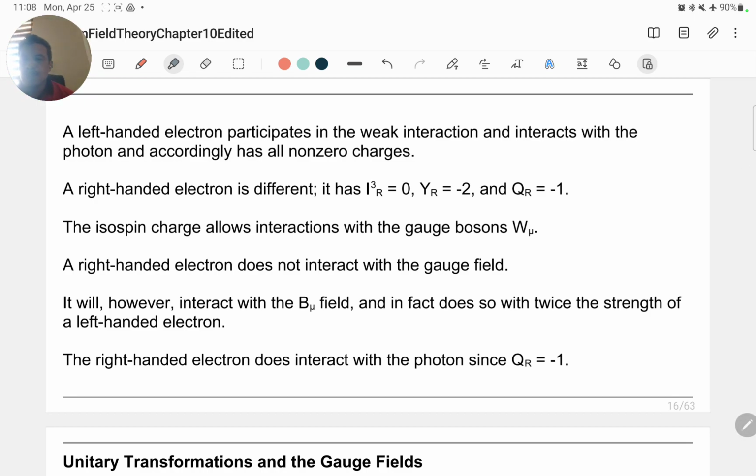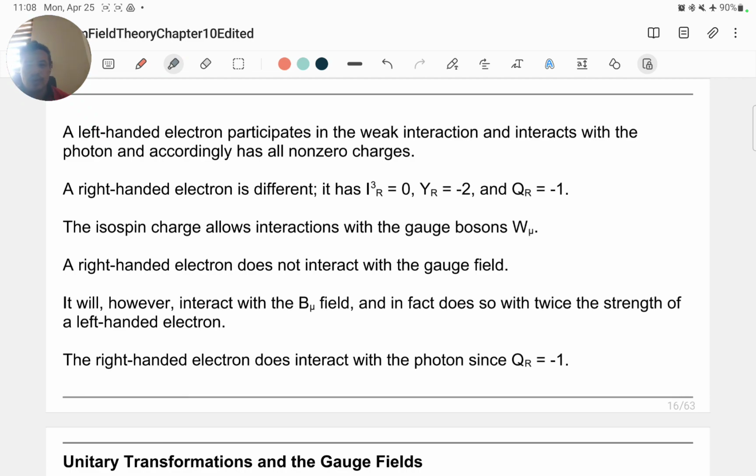A left-handed electron participates in the weak interaction and also interacts with the photon, and all of its charges, weak isospin, weak hypercharge, and electrical charge, are non-zero.